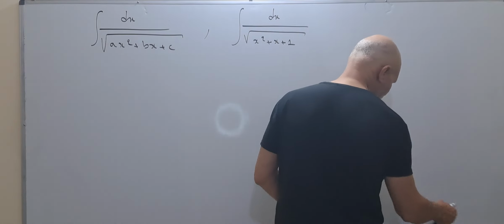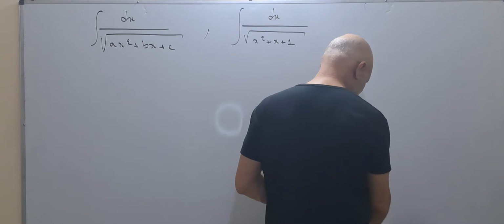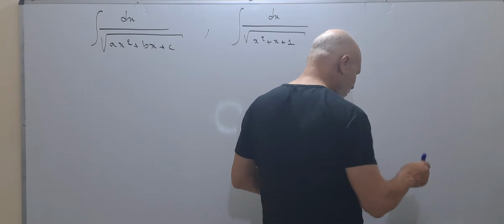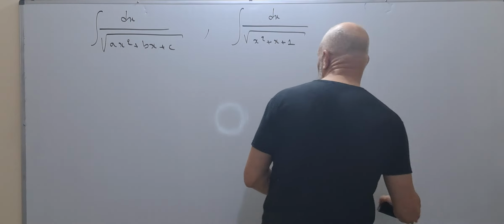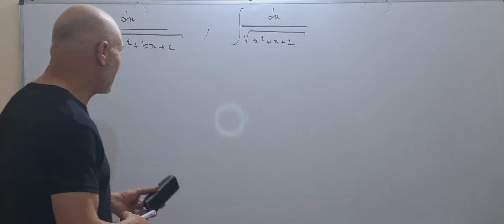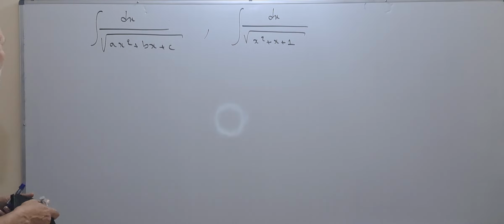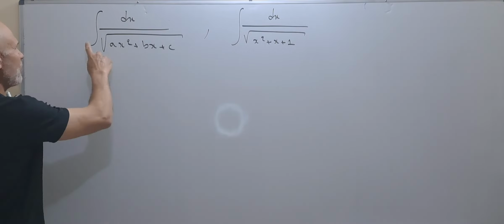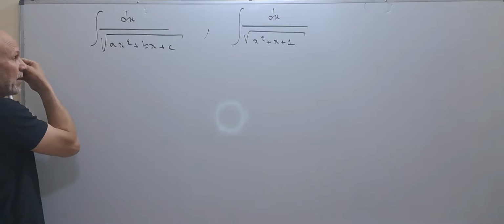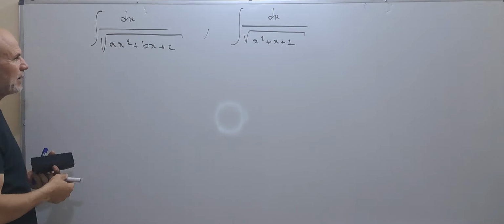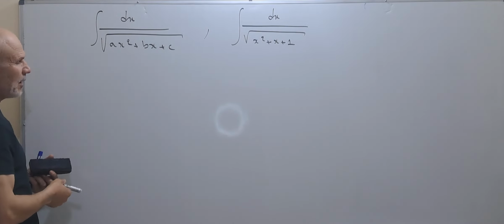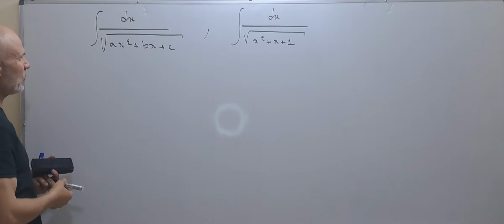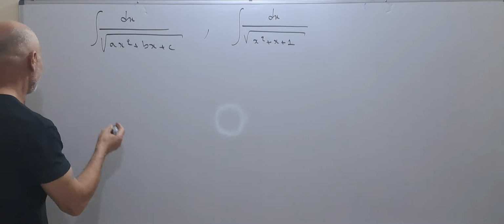This is a new video about integral, the third type of integral, limit type and definite integral. So, if we have to deal with this kind of limit type, how can we proceed?